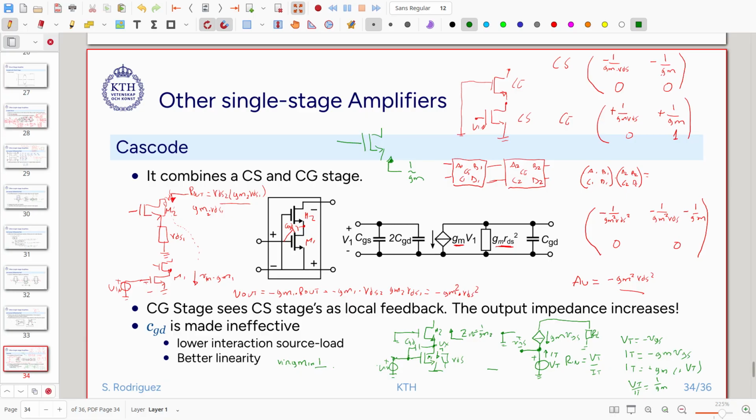That will be 1 over gm2 in parallel to RDS, but as we mentioned before, RDS is much larger, so we will have that Vx divided by Vin will be equal to, there is a minus sign here, gm1 divided by gm2.